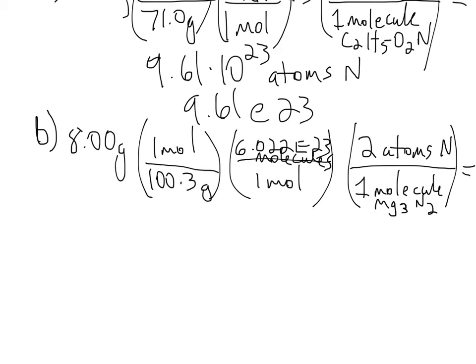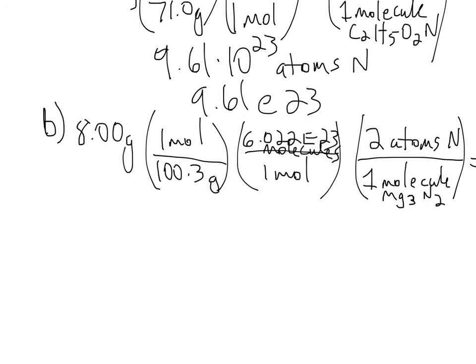Oh, wait. The answer up above, excuse me. This wouldn't necessarily matter unless you happen to have my red numbers. This answer is 9.61 times 10 to the 23rd atoms of nitrogen. The one from up above is actually a different number.